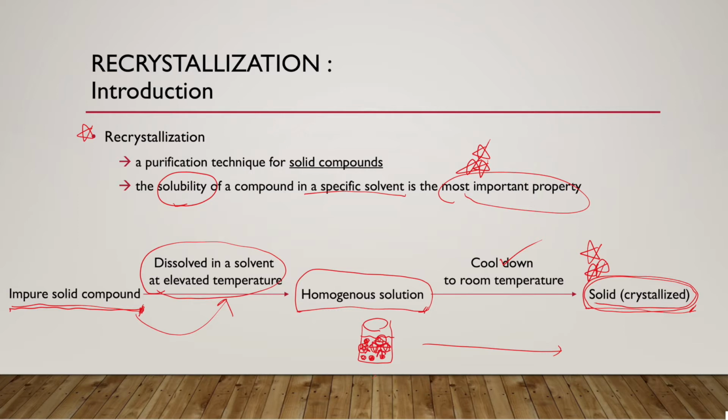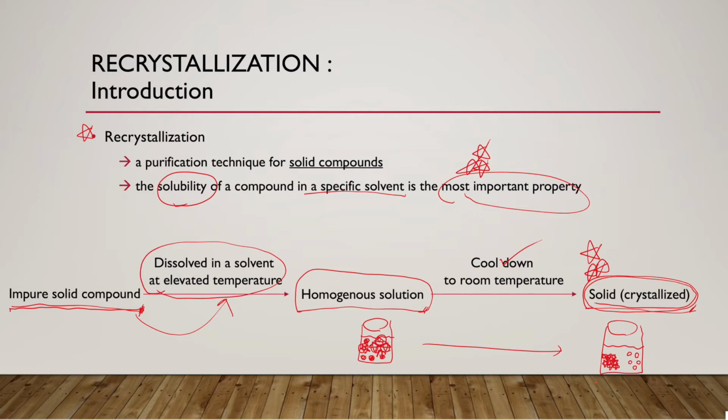combine to these pure target product molecules, and at the end, in the container we have these crystals, the solidified compound, and in the solution these impurities are just floating around. They're just pushed away by this compound.